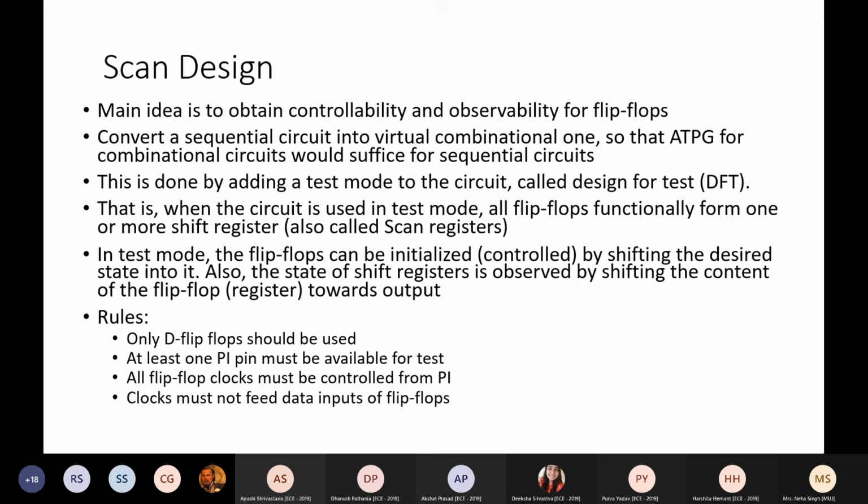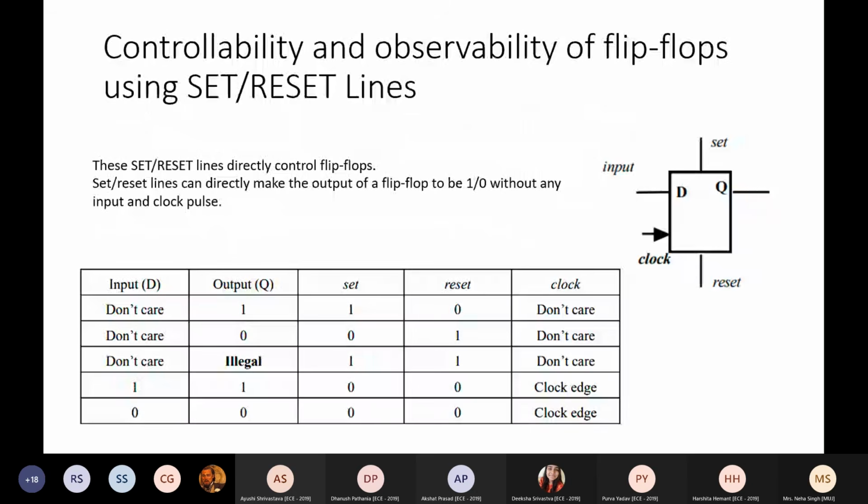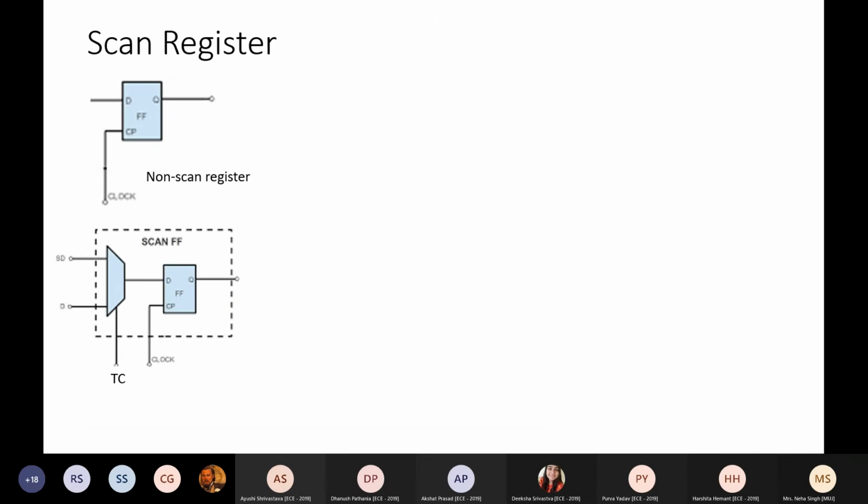So what we do is, instead of analyzing or controlling the input over the output, we add certain signals to it. Set, reset, or basically we add a control line to this flip flop and add a mux to it. Something like this. So that these D flip flops are no more just a flip flop, but they are converted into scan register. Shift register बना देते हैं हम इसको.